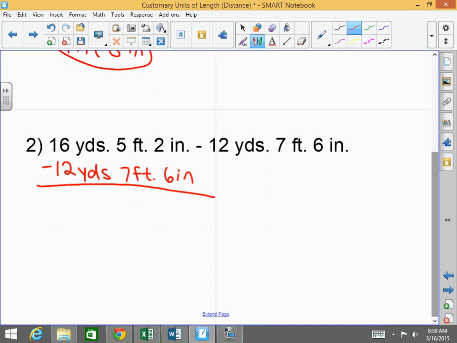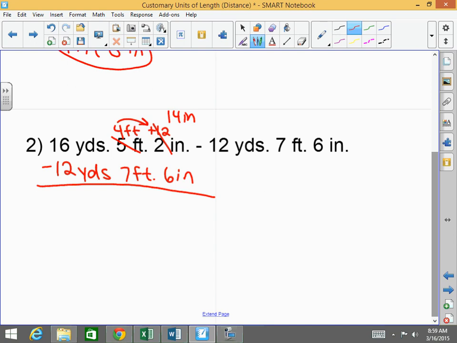Can I take 6 inches away from 2 inches? So please pay attention to what I'm about to do here. I'm going to borrow 1 foot. I'm going to convert it to inches over here and add 12 inches. So now I have 14 inches.